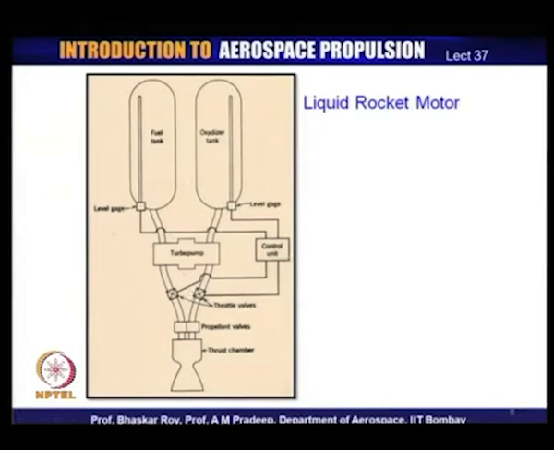So, there is no carburetor here. They are pumped in separately into the rocket chamber, and you have two separate sets of pumps and two separate sets of throttle valves, and we shall see that they actually have different ratios for different kinds of fuels and oxidizers. So, these ratios require that they be pumped differentially.